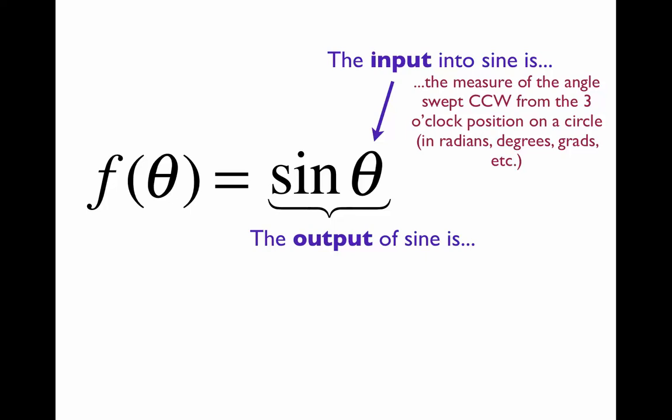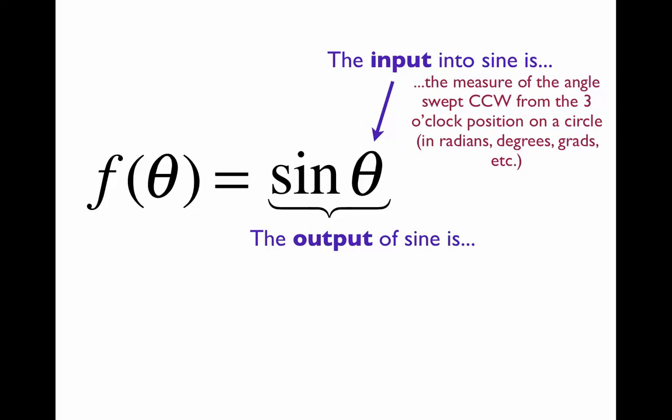"From" doesn't tell us what's positive and what's negative. But that's still above or below, so still the same distance from, right? And then what about the unit? Radius length, okay?